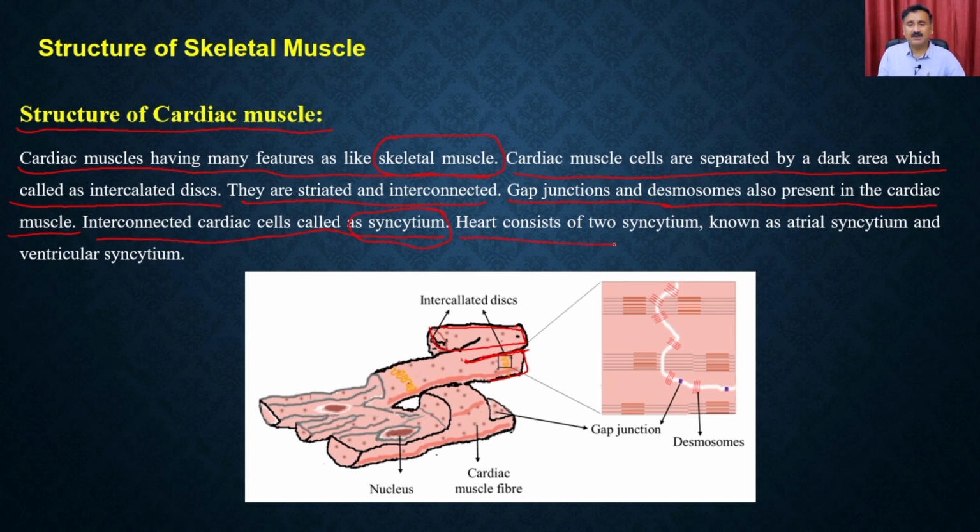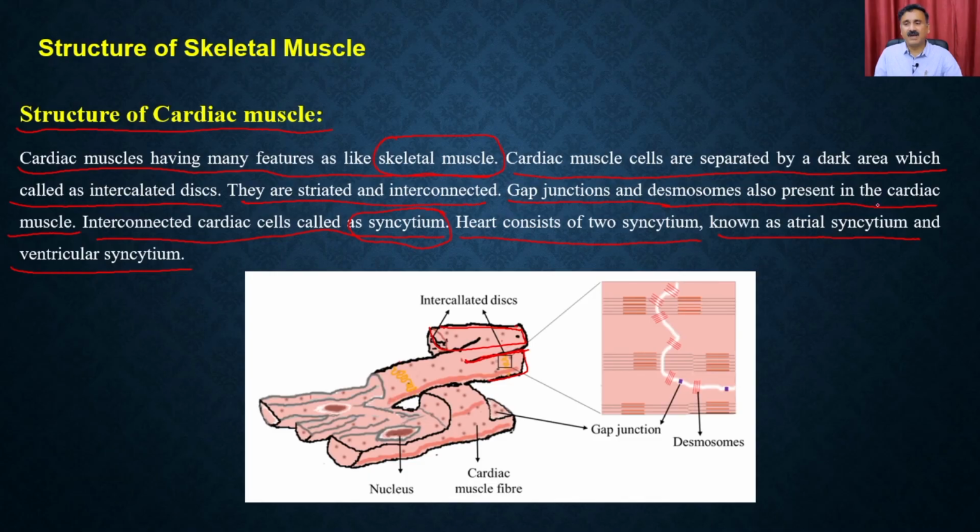The heart consists of two different types of syncytium, known as the atrial syncytium and the ventricular syncytium. The atrial syncytium is present in the atrial region, and the ventricular syncytium is present in the ventricles.